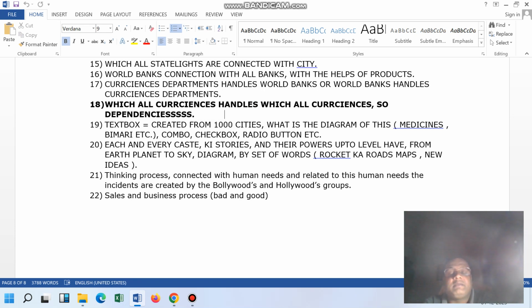But ultimately it's energies only. That is the blood's energy, blood cells energy.